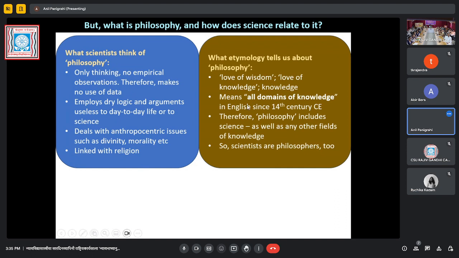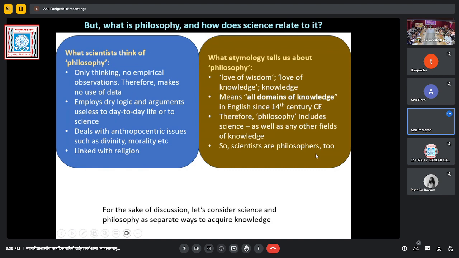And indeed, since the 14th century CE in English, the term philosophy has meant all domains of knowledge, and that includes mathematics, physics, or even witchcraft, whatever you may think about, anything that is to know. So that means philosophy includes science. And in that sense, all the scientists are philosophers too, right?